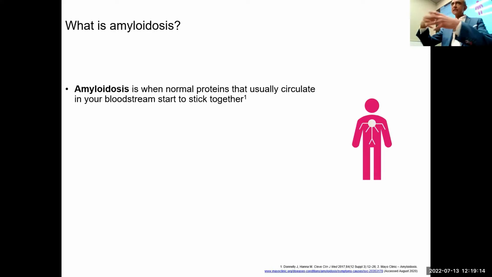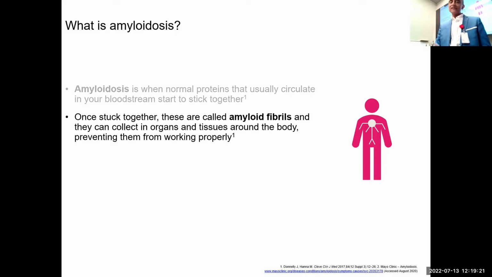So proteins that should be in tetramers suddenly start to clump together and form bizarre shapes. Once they're stuck together like that, they form these weird fibrils, so proteins that are just not aligned properly, and then because they're not aligned properly, they're not doing the work that that protein was supposed to do, and then it starts to deposit in all sorts of organs, which then starts causing damage to different organs.